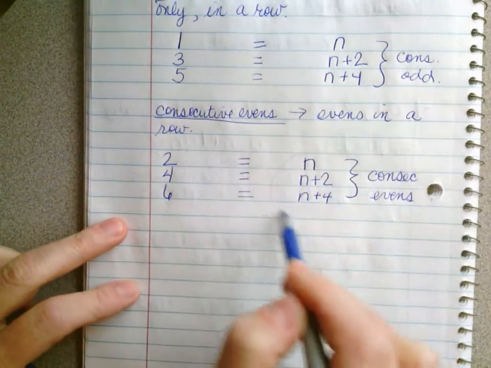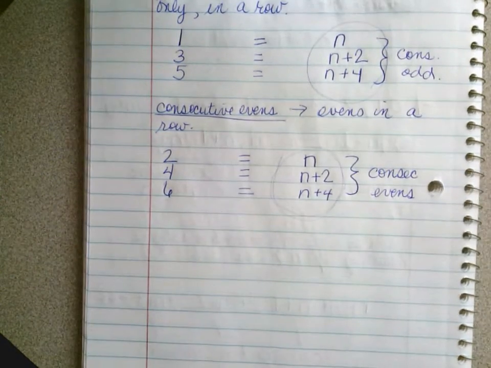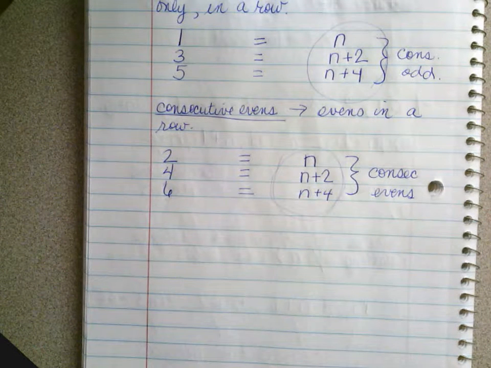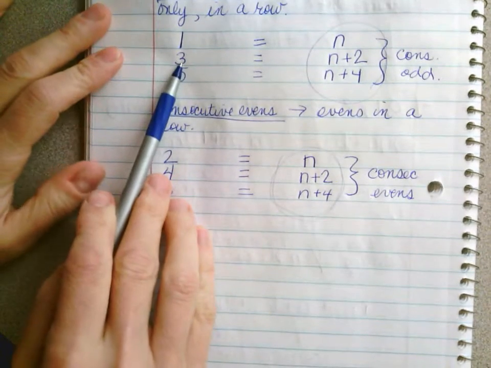So notice that this and this can both be utilized to create a string of either consecutive odds or consecutive evens. Why does it work for both? If I have a 1 and I add 2, I get to 3, keeping it odd.